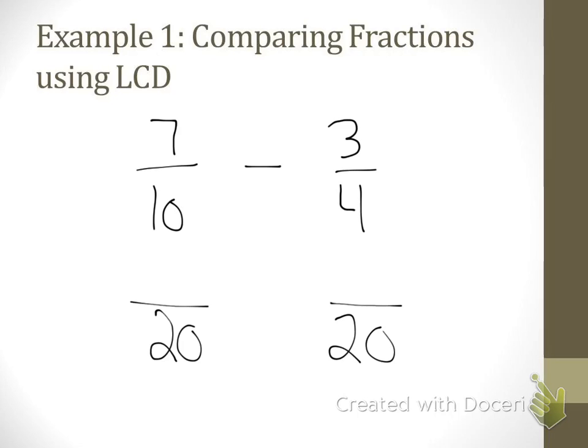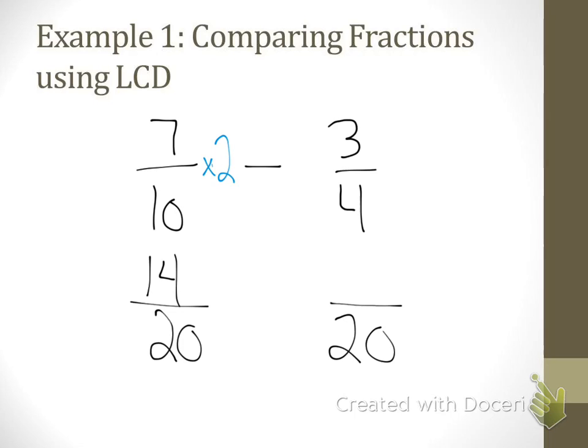All right, now I need to figure out what number goes in my numerator. I can't just bring it down from my old fraction. I have to figure out, what did I multiply 10 by to get to 20? 2. So I do want you to show that step. Right here, just say multiply by 2. And then whatever I multiply the bottom by, I have to multiply the top by the same thing. So 7 times 2 is 14.